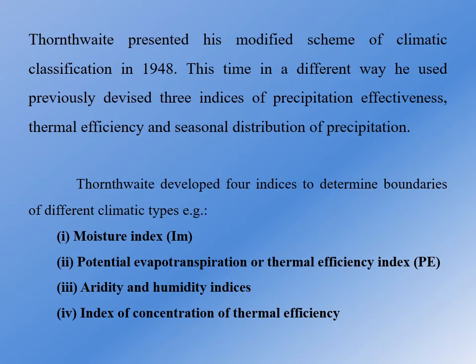In the earlier scheme, that is in the 1931 scheme, Thornthwaite was concerned only with the loss of moisture through evaporation, whereas the moisture can also be lost by plants, and that process is known as transpiration.